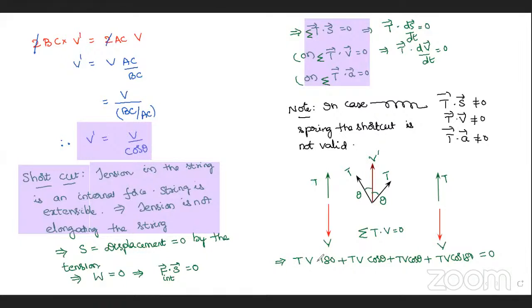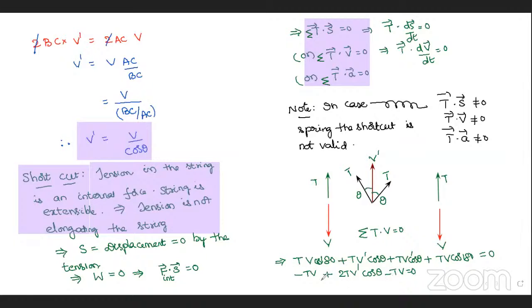This is TV cos. Sorry, I forgot writing cos here. Cos 180 is -1. So minus TV plus TV cos theta. Sorry, this is V dash. One more thing I missed here. This is V dash, sorry. And here this is plus TV dash cos theta, two of them. Again cos 180 is -1. So minus TV equals 0.